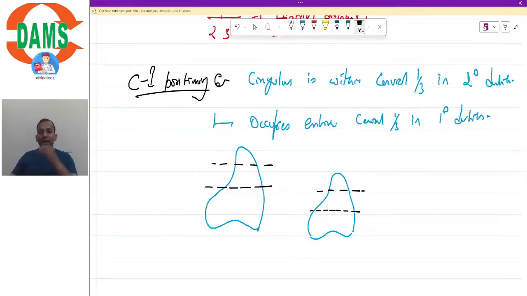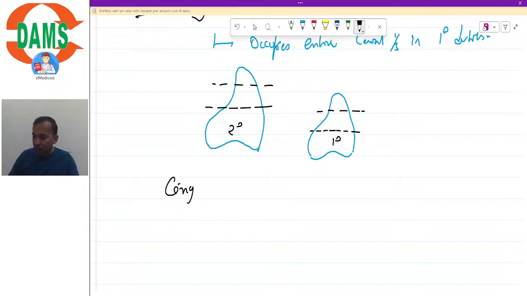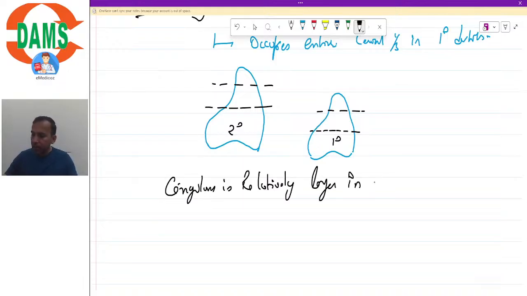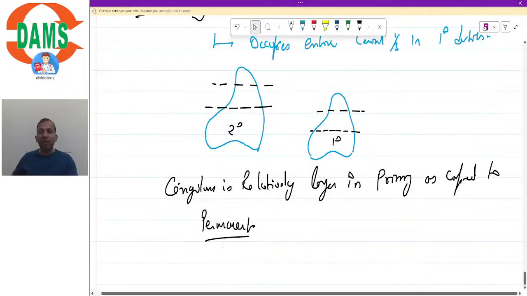So comparatively, the cingulum in primaries appears larger as compared to the permanent. Cingulum is relatively larger in primary as compared to the permanent dentition.